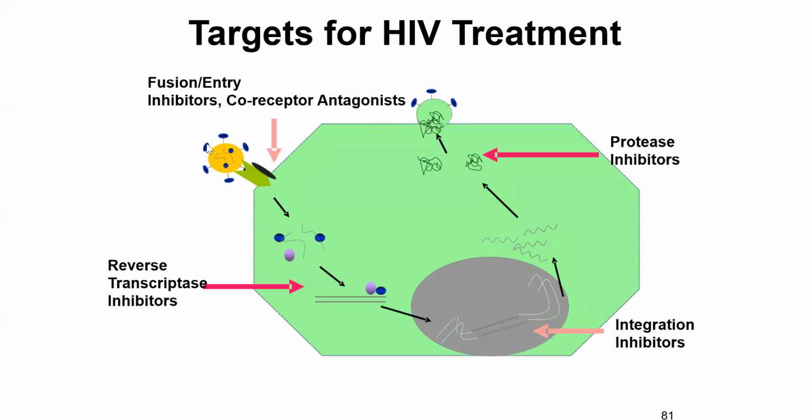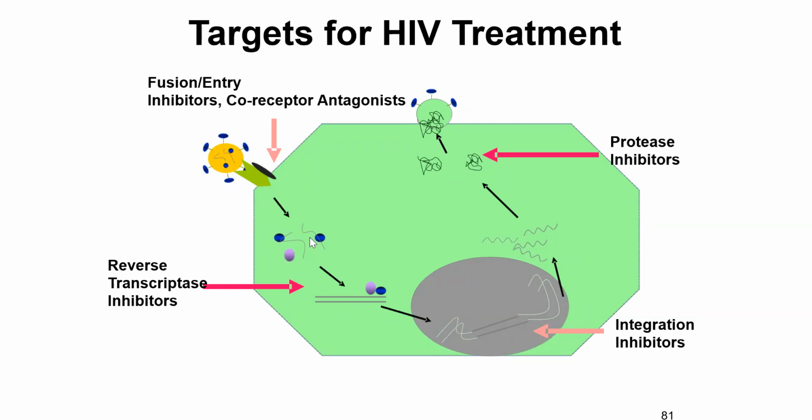So we have drugs which target the first point, which is the attachment or the entry, where we have fusion or entry inhibitors. Then we have our CD4 receptor and another co-receptor, which assists the virus to enter into the CD4 cell, so we have other drugs which we call co-receptor antagonists. Then, as I mentioned, the RNA is converted into DNA.